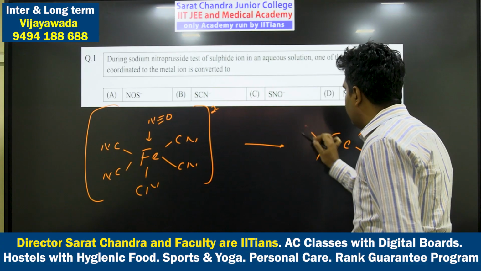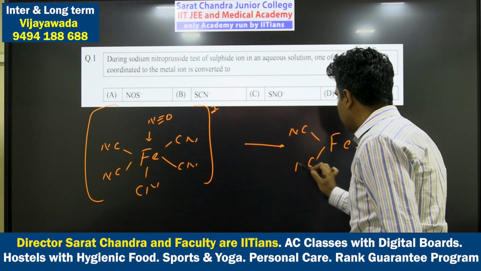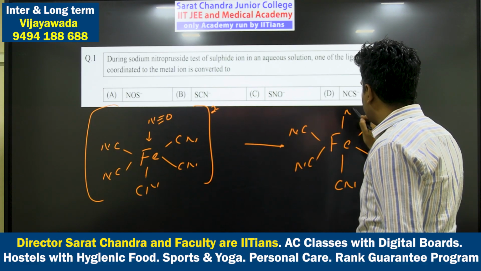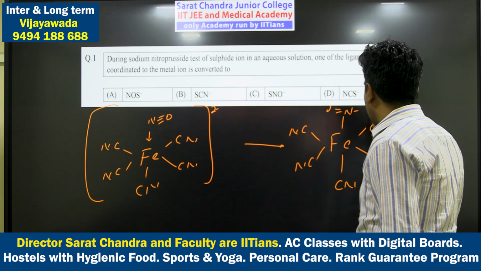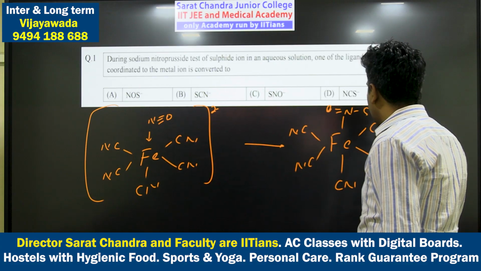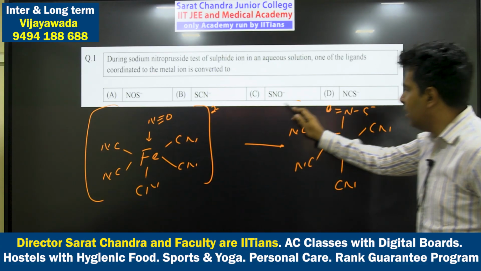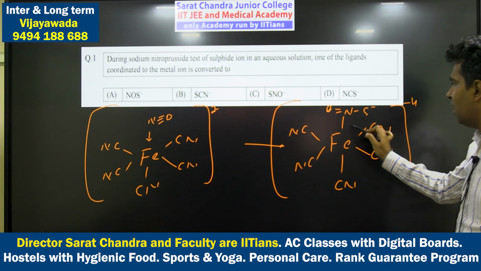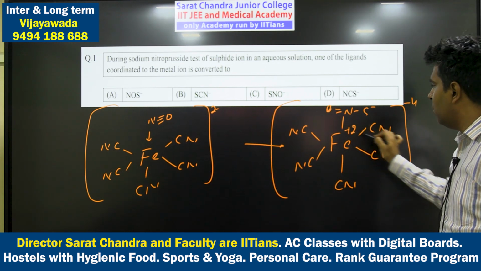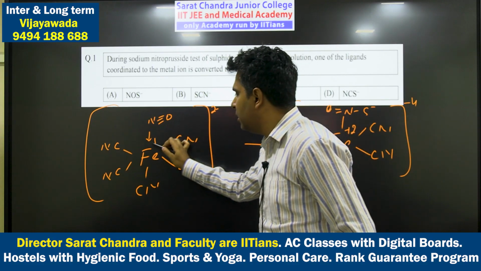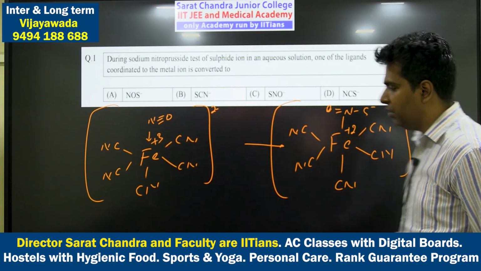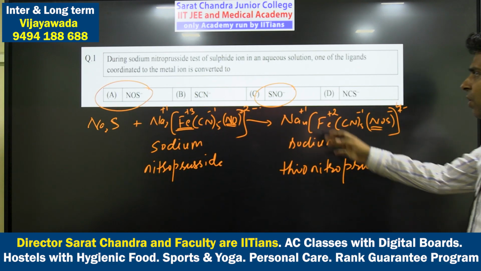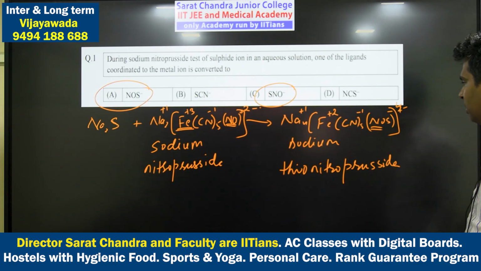There are 5 cyanide ions bonded to the iron, and N double bond O and S minus. The charge of this complex is -4. Here the iron is in the +2 oxidation state, while there it was +3. So in this overall reaction, the oxidation state of iron is also changing.